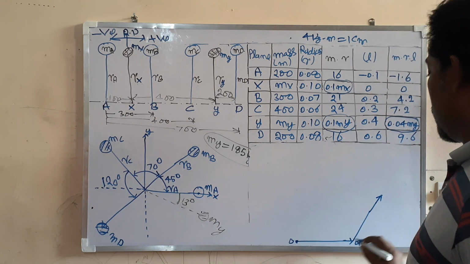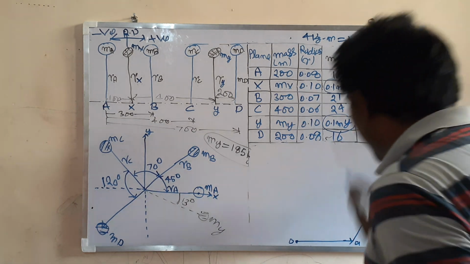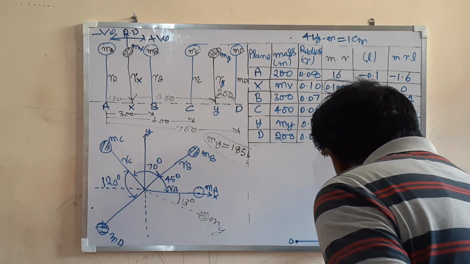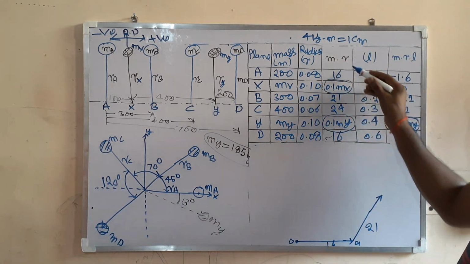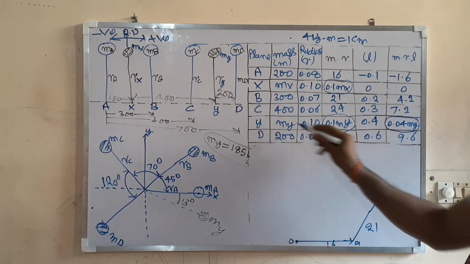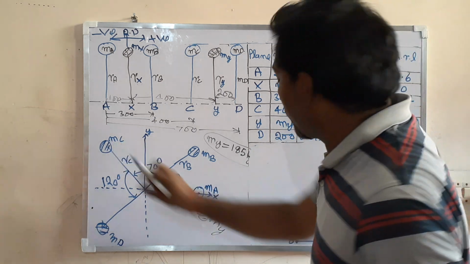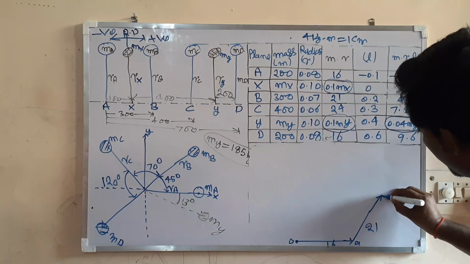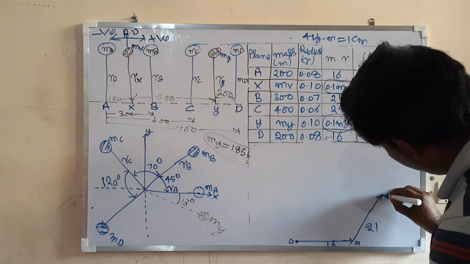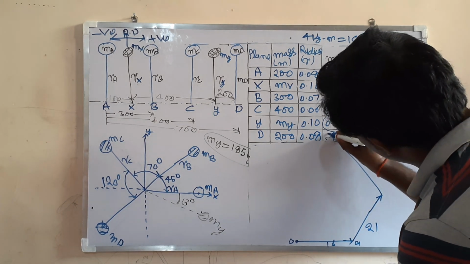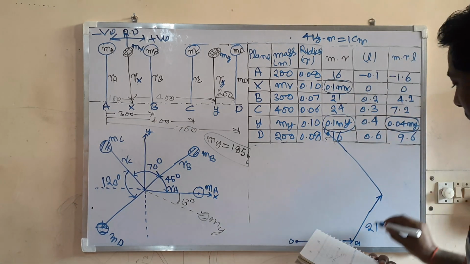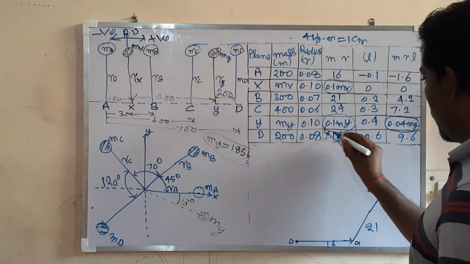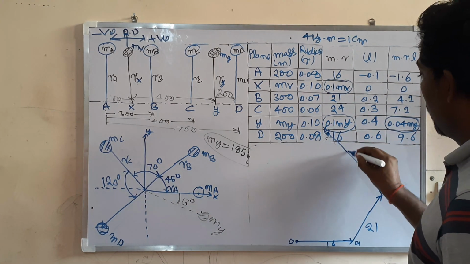This is 16, this is 21. Next is 24, C, which will be along this, so you go in this direction. This is A, this is B, this is C.